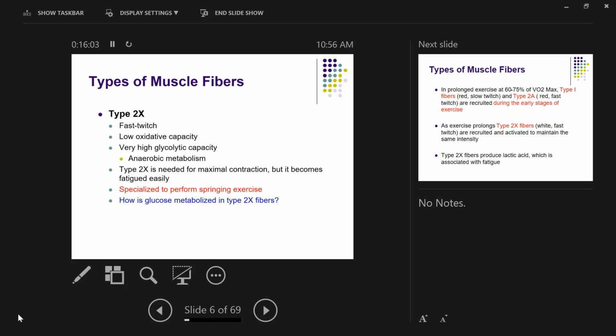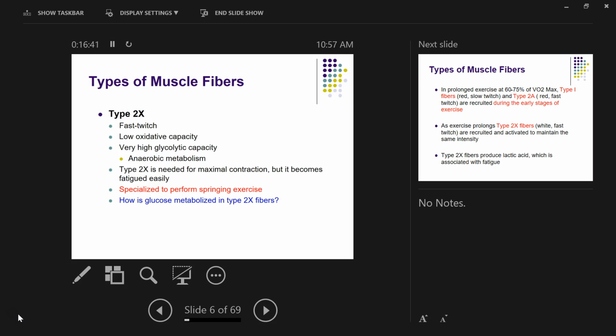And 2X is a fast twitch fiber, and because of a lower mitochondrial content, it has a lower oxidative capacity, but very high glycolytic capacity because of a high content of glycogen stored in the type 2X fibers. And again, because of a lower mitochondrial content, the 2X fibers usually do anaerobic metabolism, right?